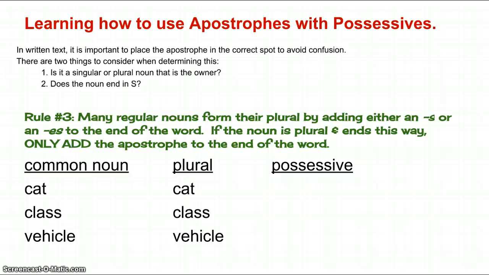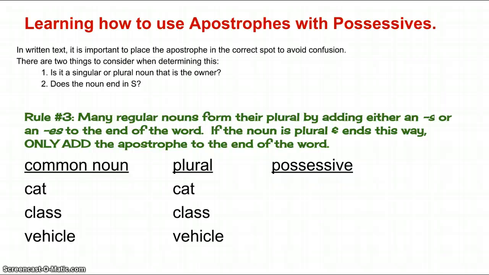Rule number 3 is to keep in mind that many regular nouns form their plural by adding either an S or an ES to the end of the word. Again, we're talking about plural nouns now, not singular. The rule for singular nouns was to add an apostrophe S. Now we're looking at plurals.